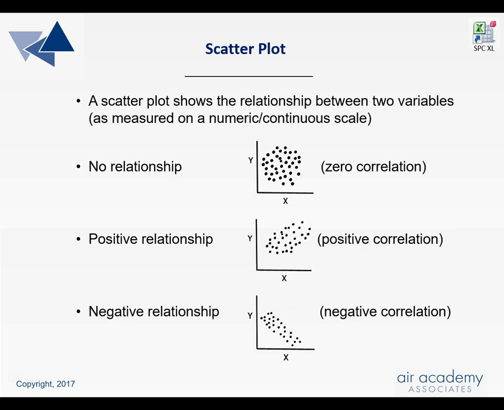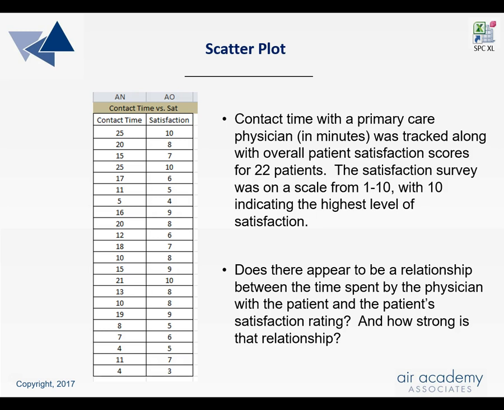Now, there are diagnostics we use to quantify these relationships, and we're going to show you that as well. So let's take an example here and talk about it before we get to the software. Suppose we have 22 patients, and we've looked at two variables associated with each patient, namely how much contact time they had with the physician and their resulting satisfaction rating that they gave for that session.